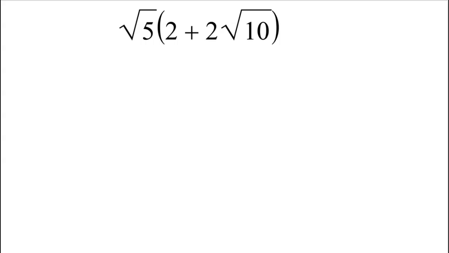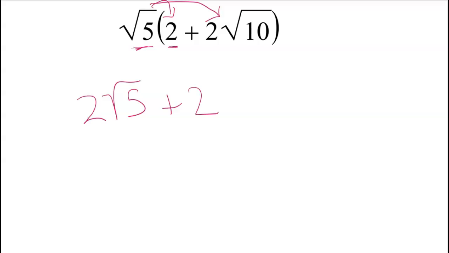So when I go to distribute this radical 5. Here I have a number, and there I have a radical. Well, that's just going to be 2 radical 5. Put the plus. Now these two radicals, though, I can multiply those two together. 5 times 10 is 50, right?